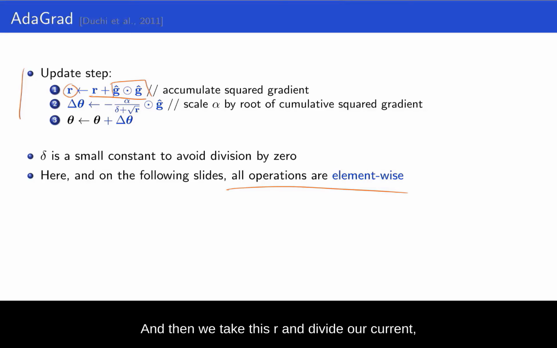And then we take this r and divide the learning rate by the square root of this r. So what that does is when a dimension historically has had large gradients, then we divide the learning rate alpha by a large number. And when a dimension has had very small historic gradients, then we divide by a small value. That means it puts the current size of the gradient in relation to previous sizes of that gradient.